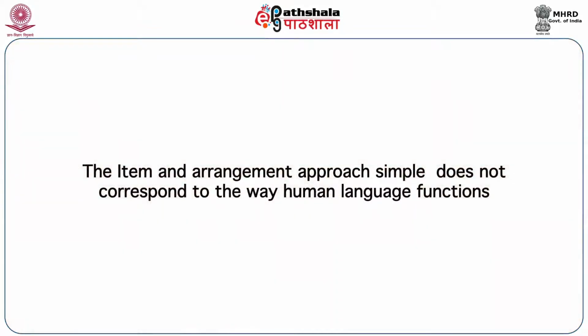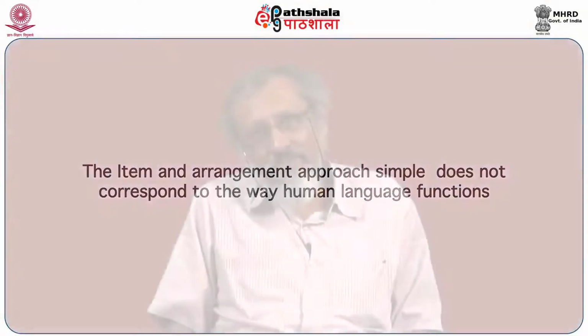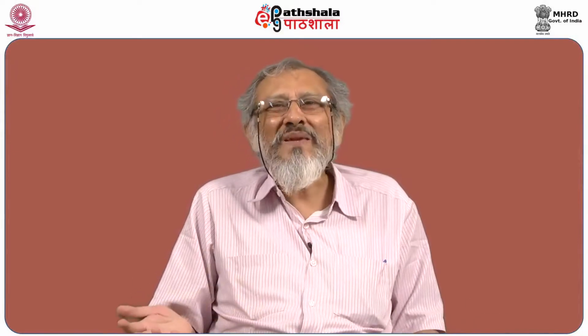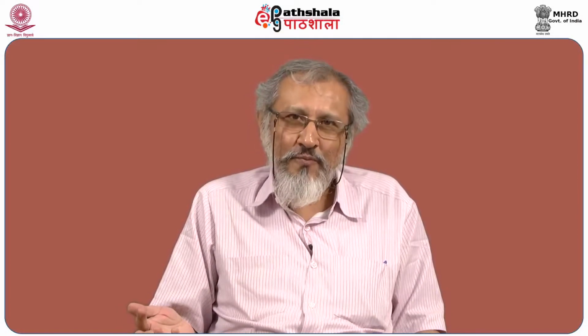This should be enough to show you that the item and arrangement approach simply does not correspond to the way human languages function. You have to use the item and process approach. We called the module Regularity and IA because you are looking at a supremely regular language, Esperanto. Even for such a language, where you should be happy to use the item and arrangement approach and say, look, here are morphemes in action, one after the other, no exceptions, no alternations, no allomorphy.